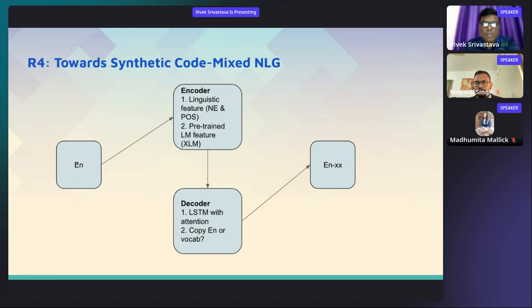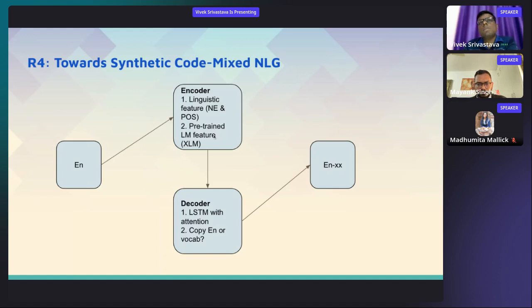The task here is you pick an English sentence and you generate the corresponding English Hindi sentence, or whatever it is. There are 8 different languages, right? So we can generate sentences in 8 different languages. They use an encoder decoder architecture, where the input to the encoder is the English sentence encoded along with linguistic features such as named entities and POS. The second thing that goes into the encoder is the pre-trained language model feature.